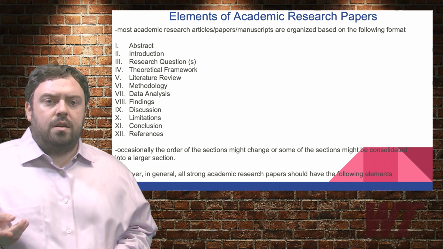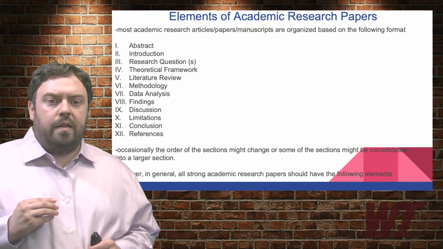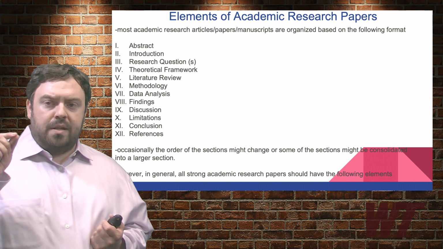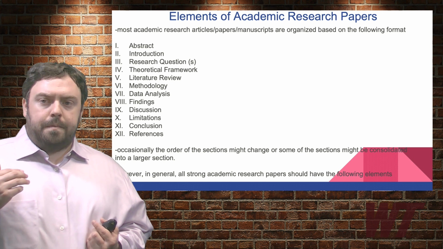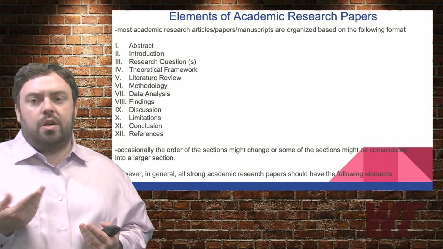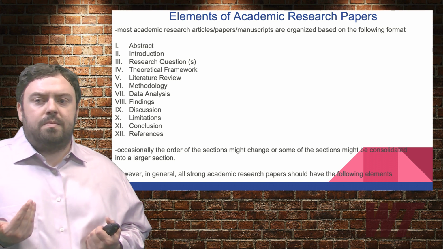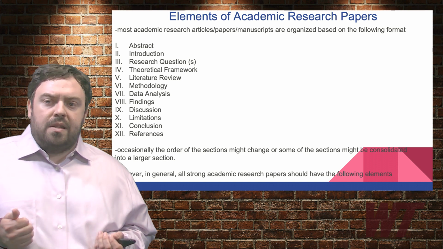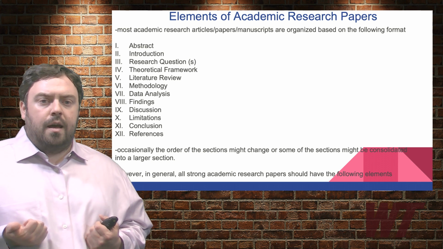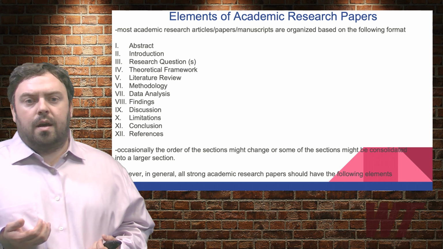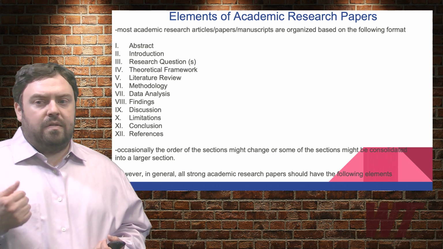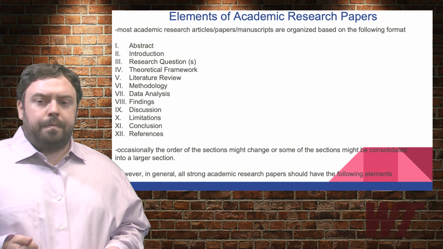One thing to note is that sometimes, depending on the academic journal, some of these elements might be either consolidated into one section, or sometimes these elements might be omitted. It really depends on the journal that you're trying to publish in, but for the most part, in general, a good academic journal article would have these elements.